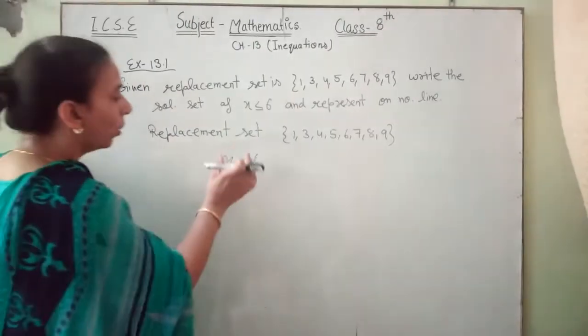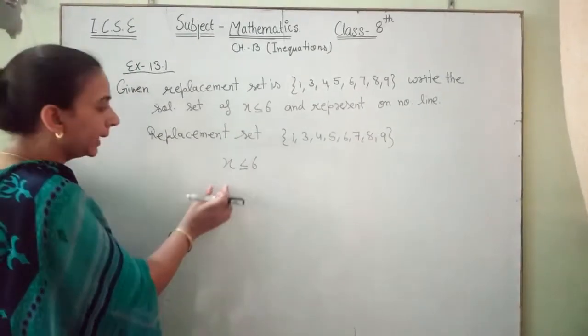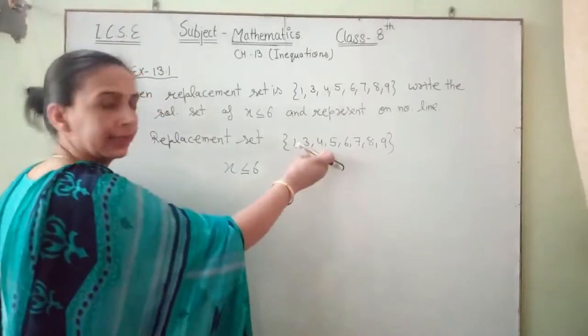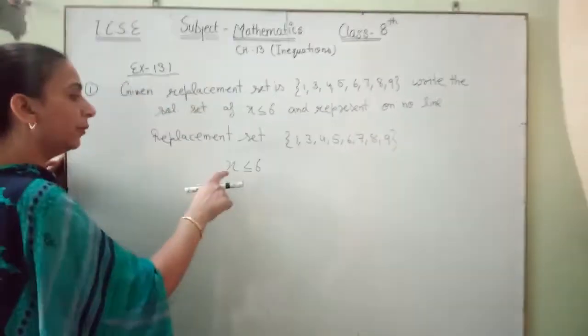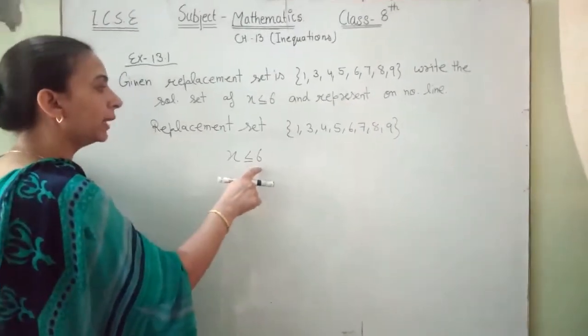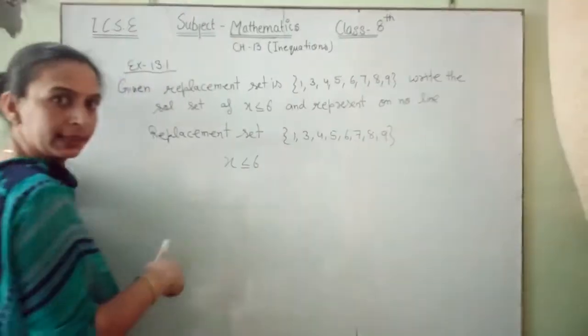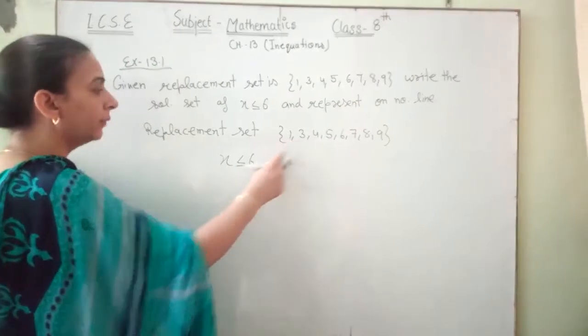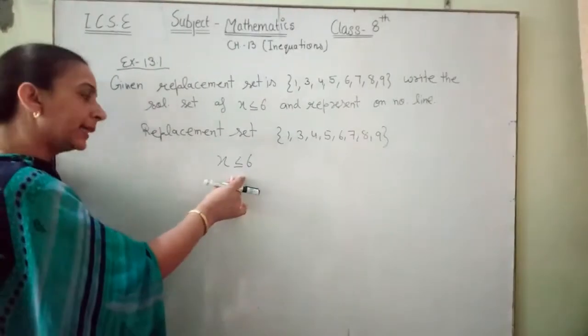We find all values of x from this set that satisfy the condition x less than or equal to 6. From this replacement set, if we take 1, then 1 is less than 6, so it is satisfied.